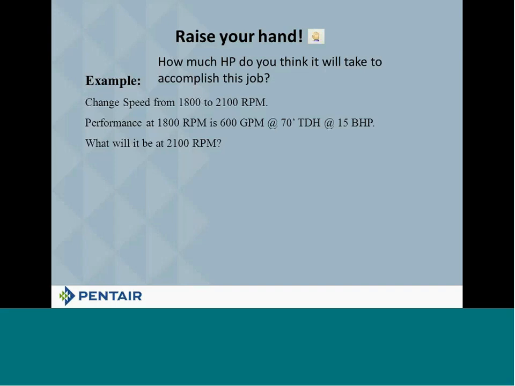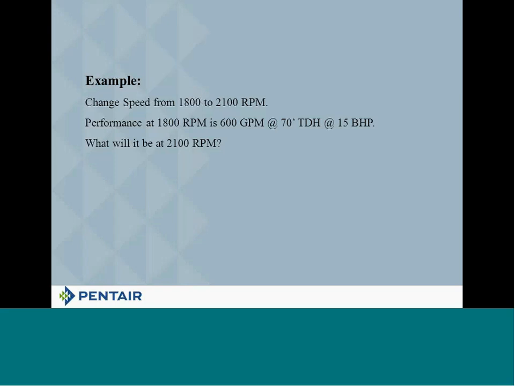is you have to calculate the change difference between 1,800 and 2,100 RPM. In this case, it's 300 RPM. And then what I do is I divide here. So I divide the 1,800 into the 2,100 because I'm going up the speed. And that gives me a number greater than 1.